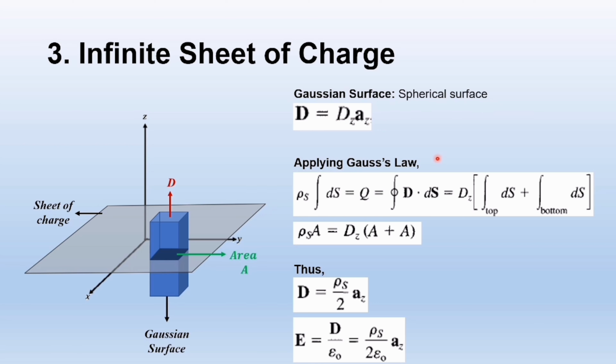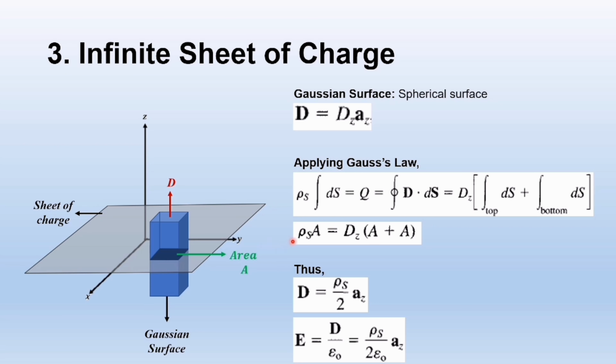When applying Gauss's law, the charge equals the closed integral of vector D dot dS, resulting in D_z times the summation of the surface integrals over the top and bottom. Note that D dot dS evaluated on the sides of the box is 0 because D has no components along a_x and a_y.